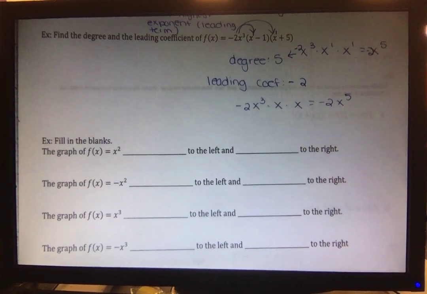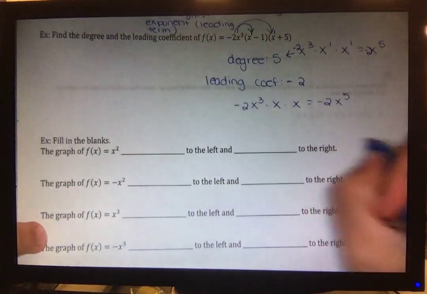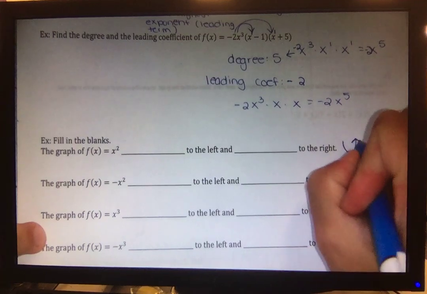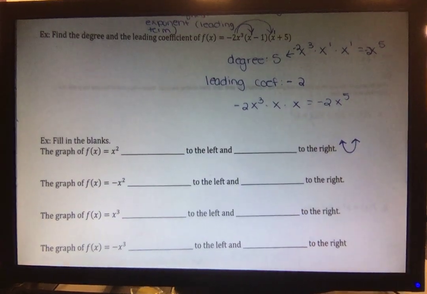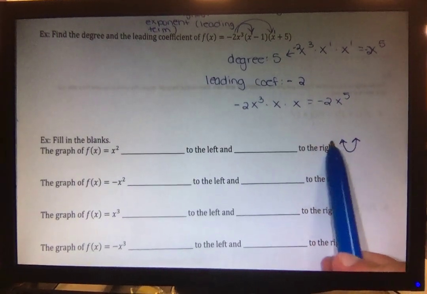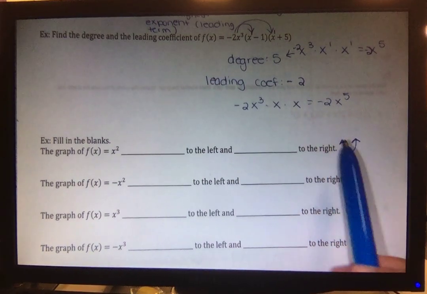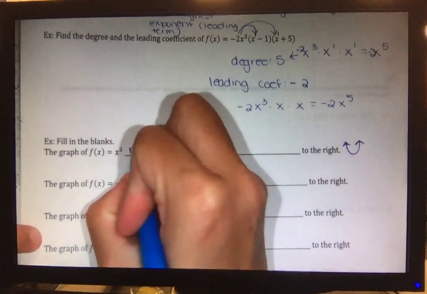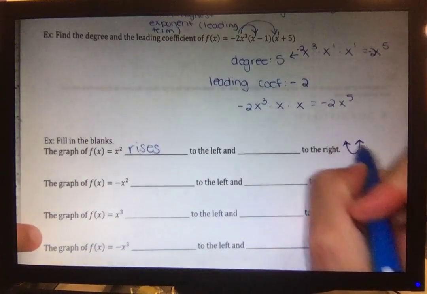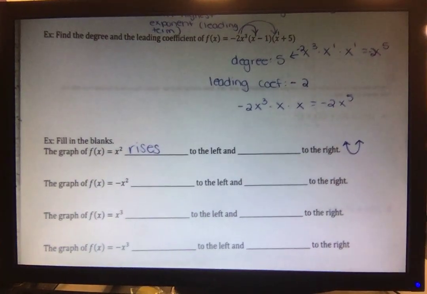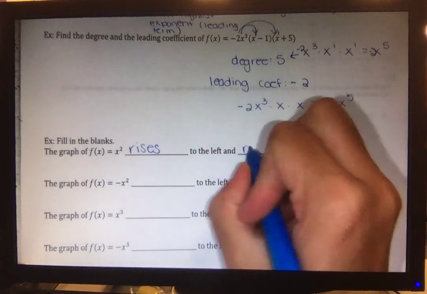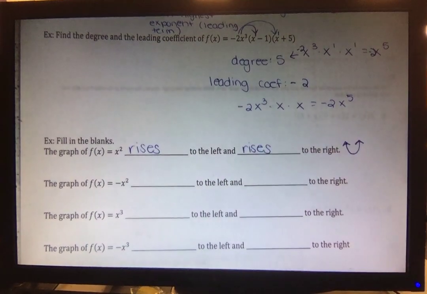An upward parabola, good. So it looks like this. On my left side, my left end behavior, what is this left arrow doing? Rising. Rising, good. So it rises to the left. Same concept. What is it doing to the right? Rising. Rises, good. So it rises to the left, rises to the right.